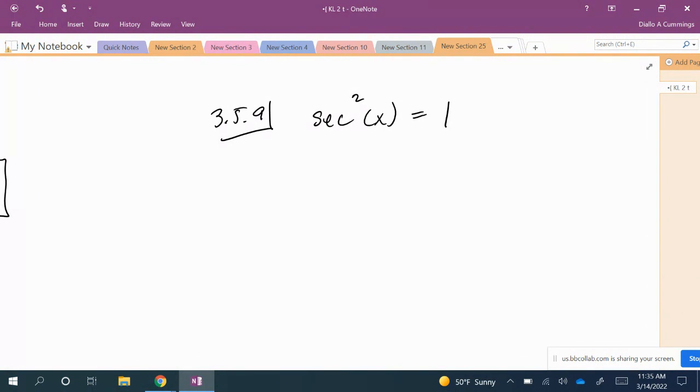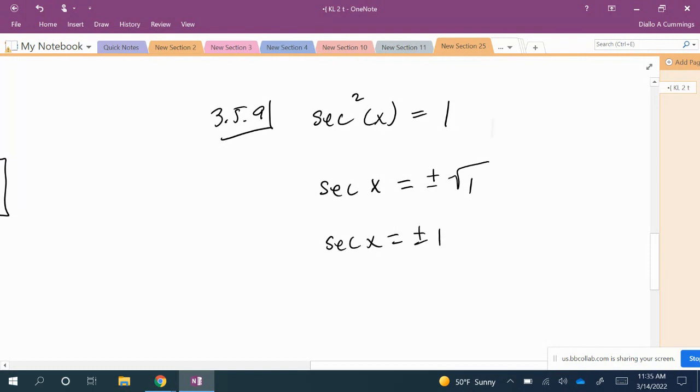So if we were to apply the square root property, the square root and the square will cancel. So I have secant x on the left-hand side. For the right-hand side, however, we must sprout a plus or minus, and we have the square root of 1. So the square root of 1 is 1, so secant x is equal to plus or minus 1.